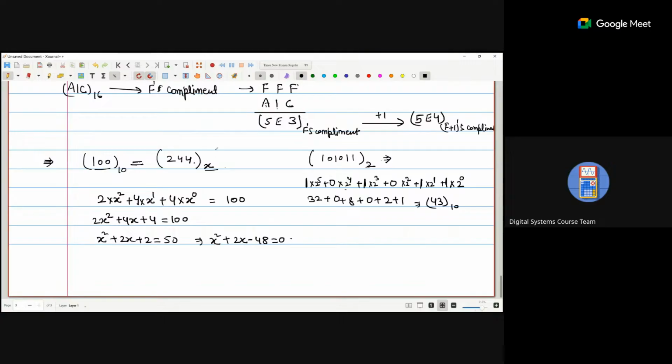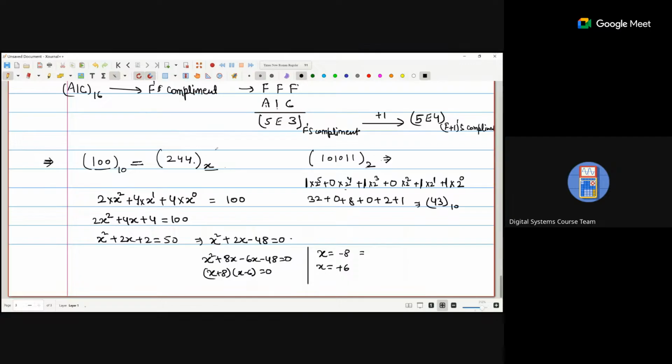Now this is a quadratic equation. You have to solve it. So x square plus 8x minus 6x minus 48 is equal to 0. So x plus 8 and x minus 6 becomes 0. Two possible values of x: one is minus 8, and second is plus 6.